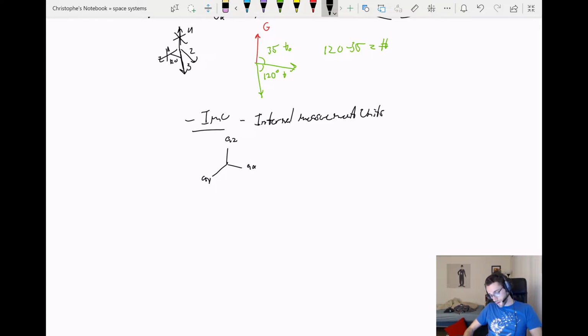What that'll give you is if you measure that over time, come on, I'm getting a little bit of lag here. Alright, so if you measure that in time, so you get AX, AY, AZ, with time.